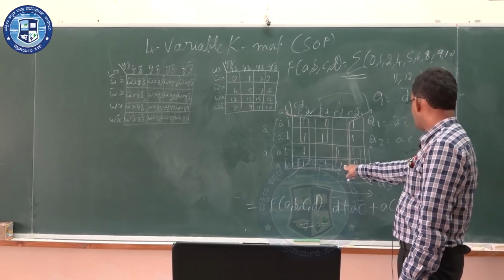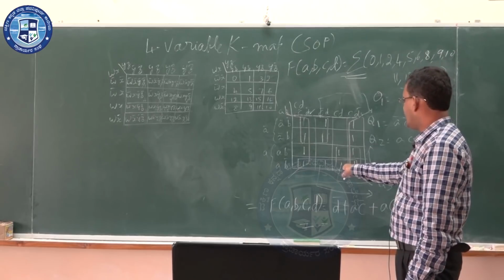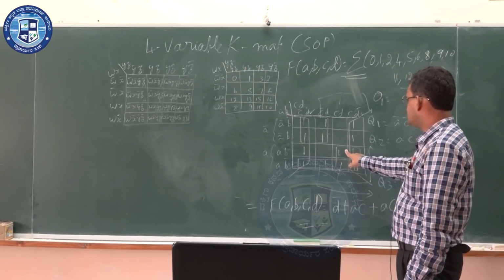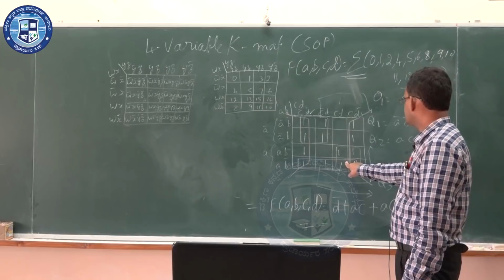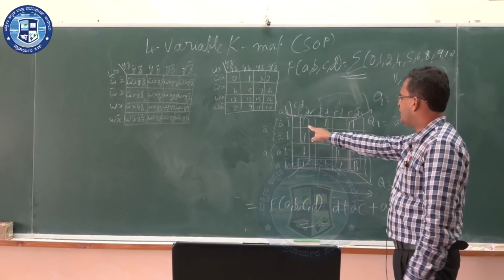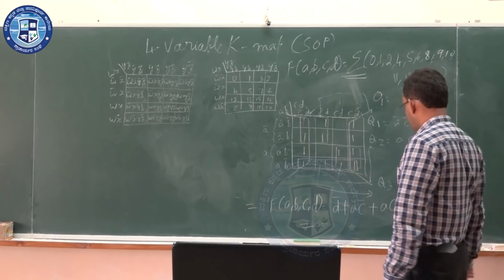AB bar from this quad 3, AC from quad 2 and A bar C bar from quad 1.